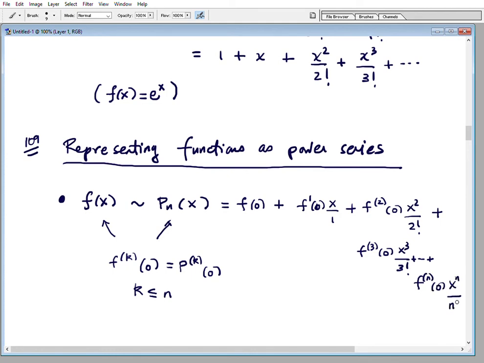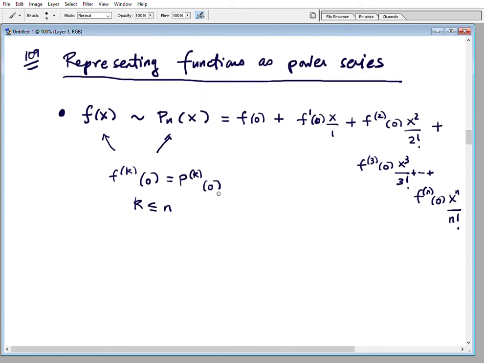So that's the polynomial that we formed so that the derivative of the function is the same as the derivative of the polynomial for up to n derivatives, and they agree at one point, at x equals 0. So that's what we did in the first section.